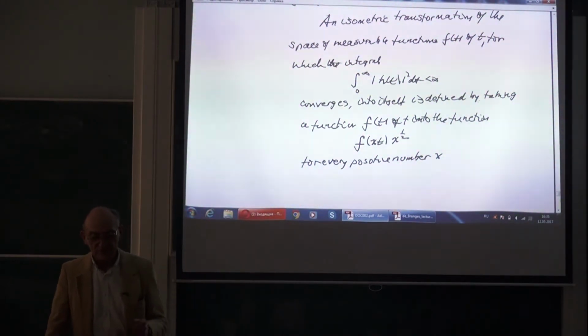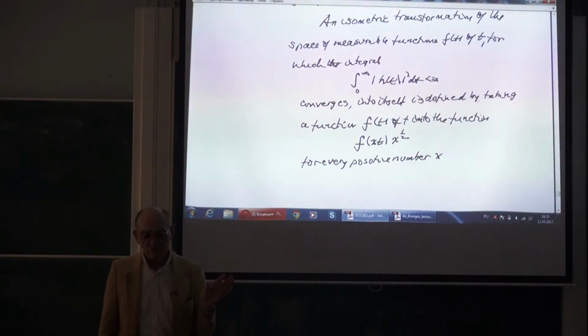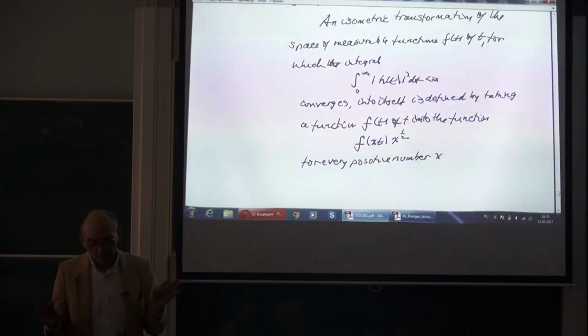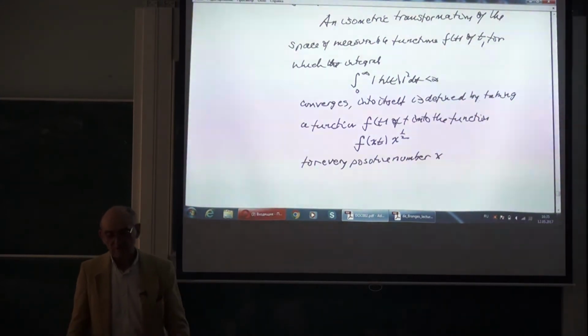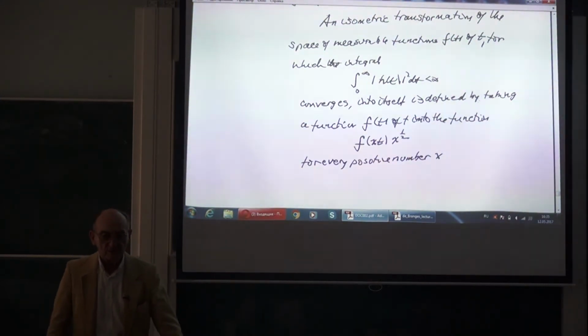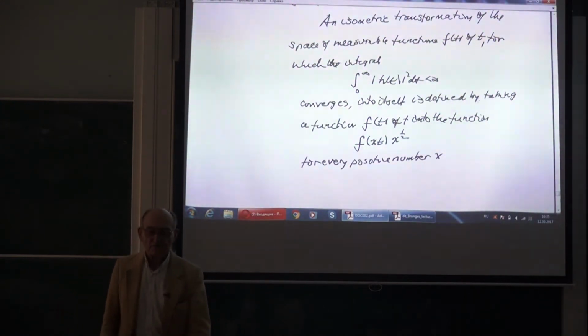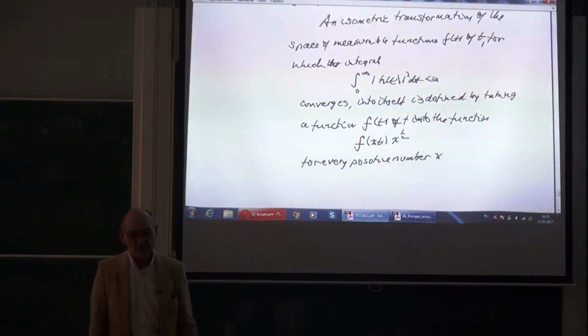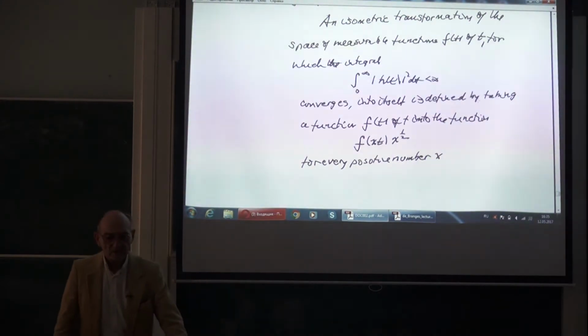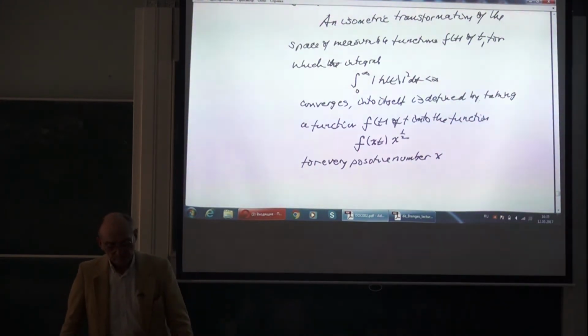And also, if we start with two square integrable functions f and g of t, you can construct a function h of t, so that we have a one-to-one correspondence between square integrable functions and pairs of square integrable functions.